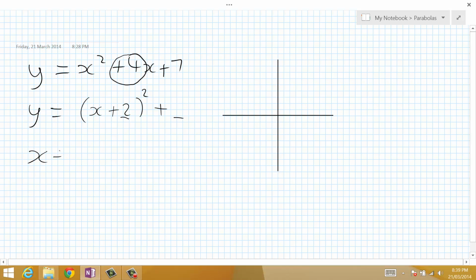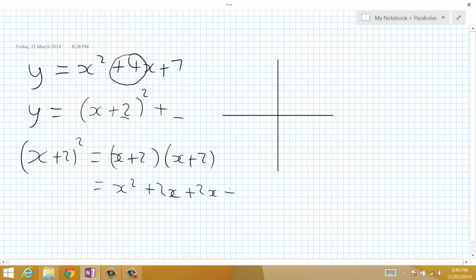x plus 2 squared equals x plus 2 times x plus 2. When we expand that, x times x equals x squared, x times 2 equals 2x, 2 times x equals 2x, and 2 times 2 equals 4.